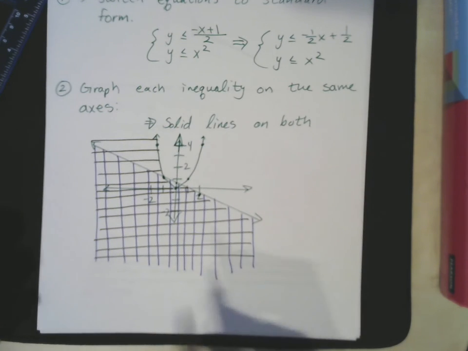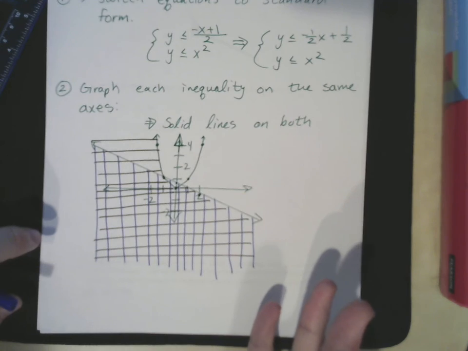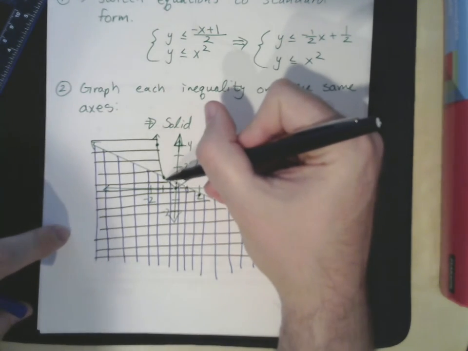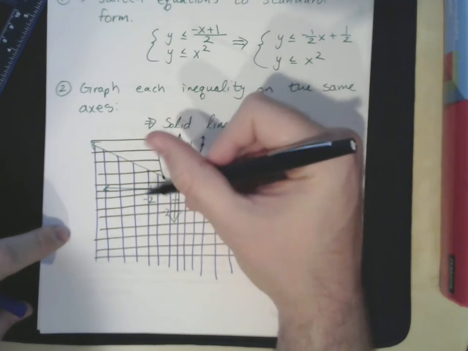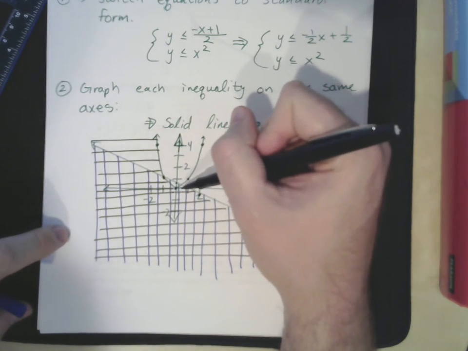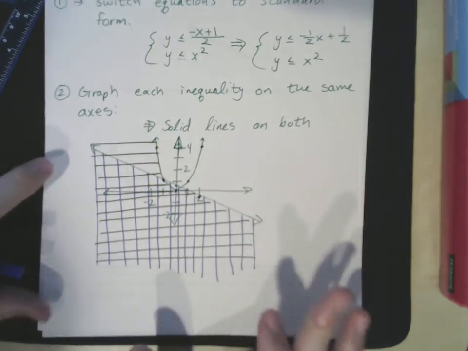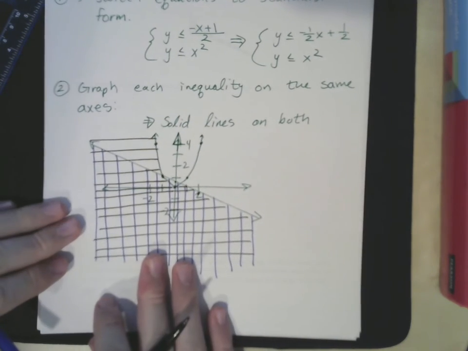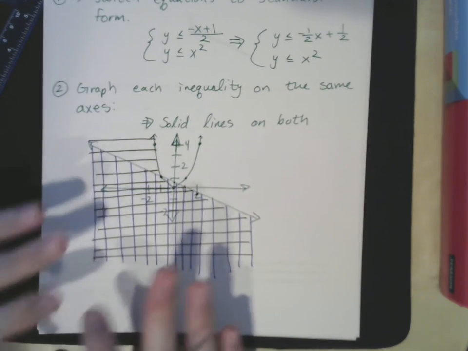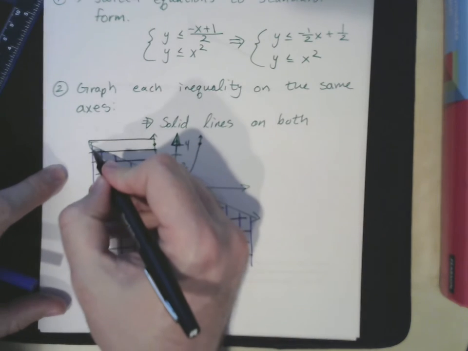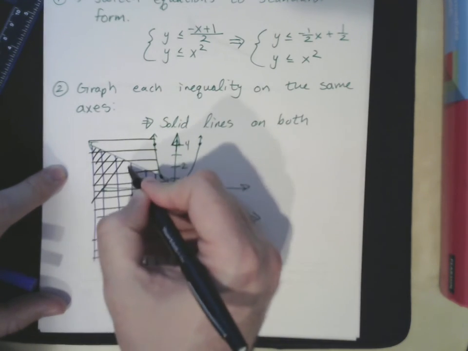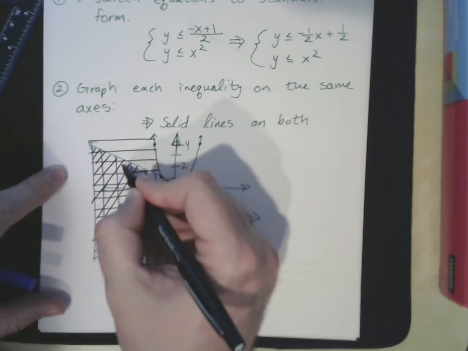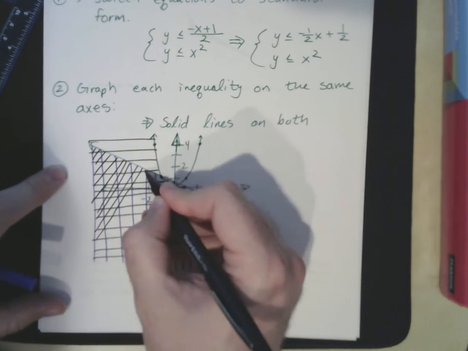And so what people typically do at this point is your solution is only the overlap. So notice the line inside here is shaded in this region, but outside the quadratic is not. So we need to make this more obvious. Now the two colors in two different directions help, but if you're still not sure that it's quite obvious, a lot of people will do a diagonal shade to show exactly where the solution set is.